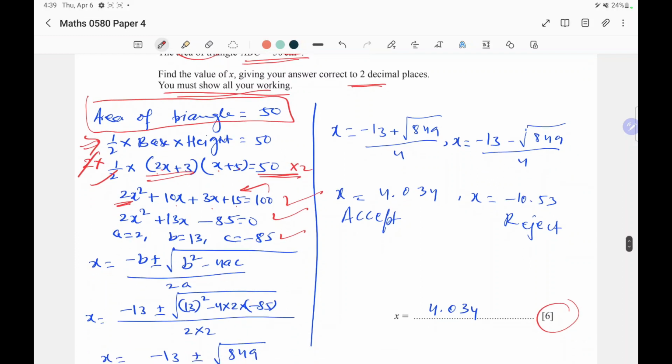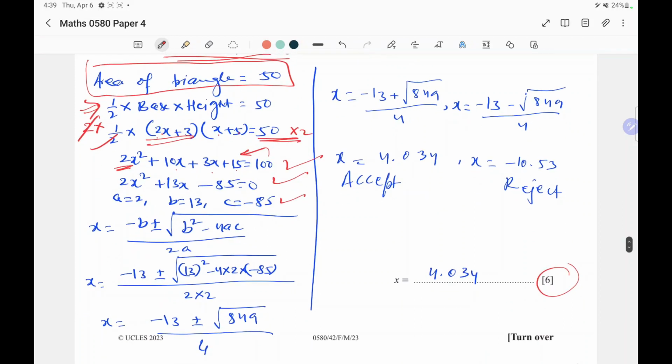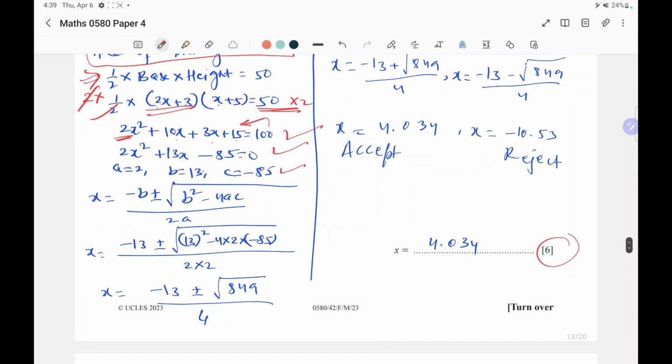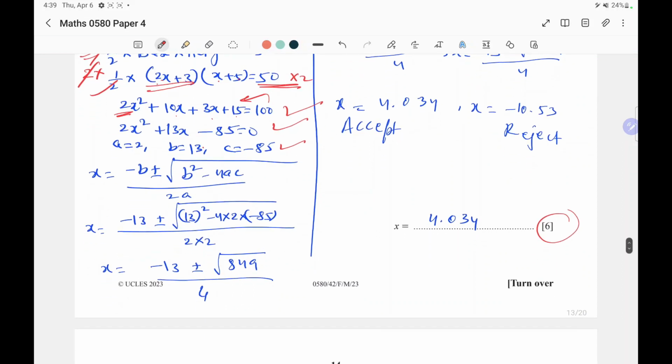Now I'm going to use the quadratic formula: minus B plus minus root of B squared minus 4AC, over 2A, where B is 13: 13 squared minus 4 times A, which is 2, times C, which is minus 85, over 2 times 2. I will not use my calculator over here. First I will simplify: minus 13 plus minus. Only for this internal part you can use the calculator.